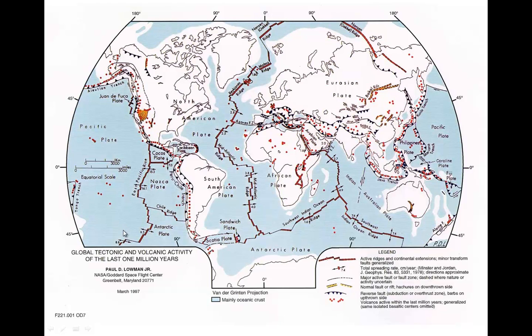We have this plate moving up from the bottom at faster speeds, and what happens is we've got this plate sort of sliding up this direction, this plate sort of moving down here, and we have this little section of California, Baja California, which is really belonging to the Pacific plate, and the rest of California and the rest of Mexico on the North American plate, and this is slipping up.